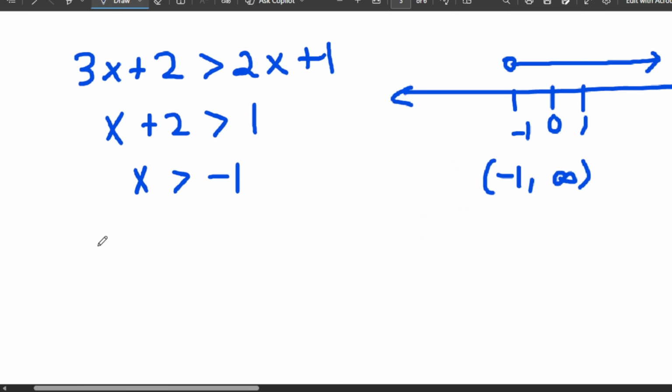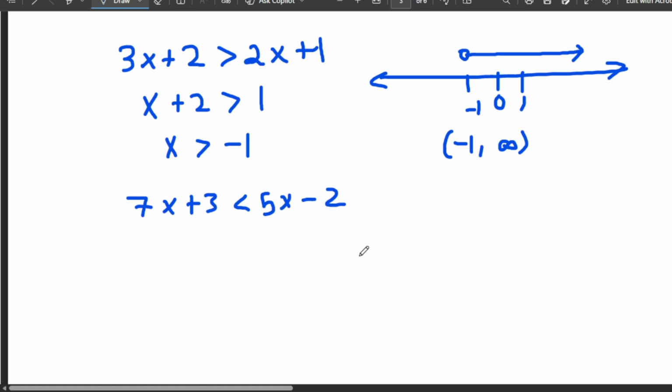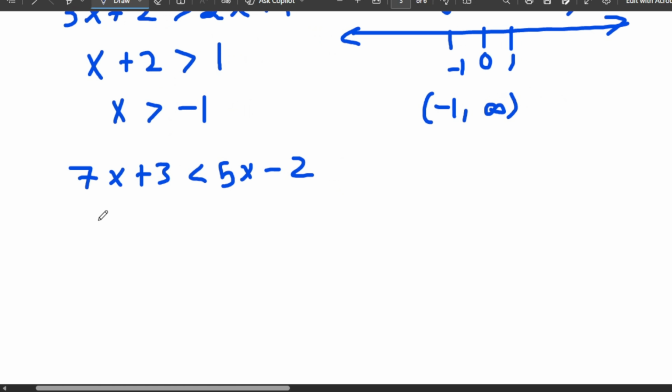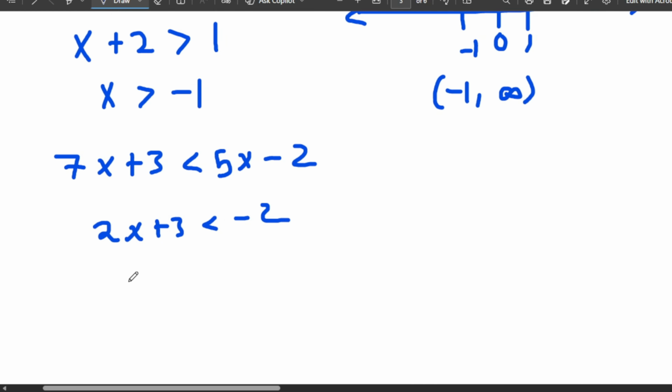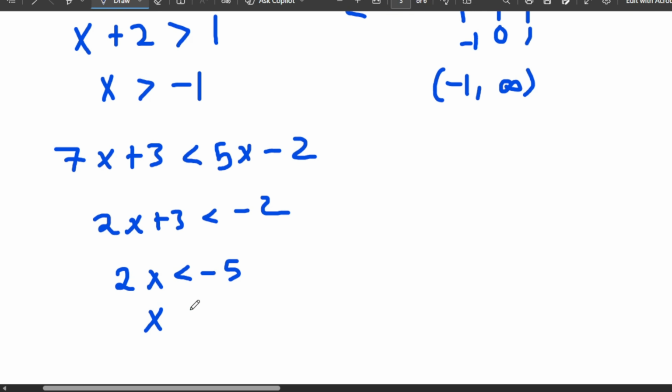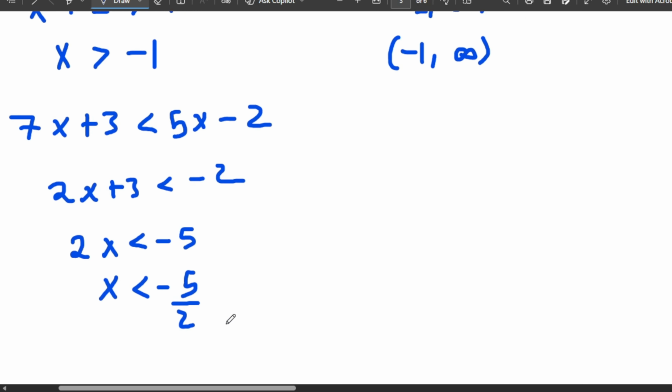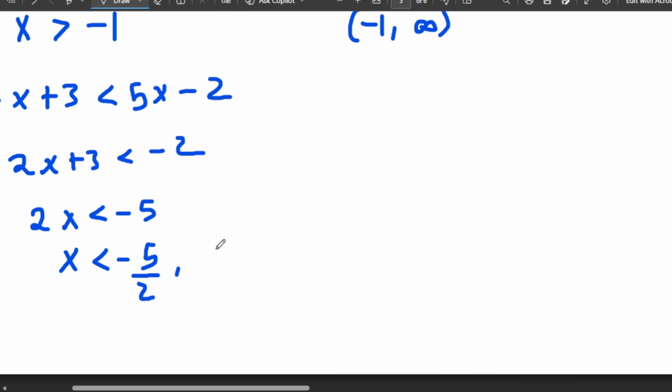How about 7x plus 3 is less than 5x minus 2? We minus 5x on both sides, which leaves us with 2x plus 3 is less than negative 2. That means 2x is less than minus 5 after subtracting 3 on both sides. So x is less than minus 5 over 2, which is x is less than negative 2.5.